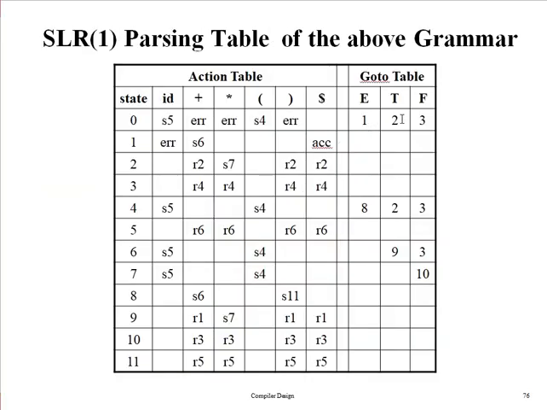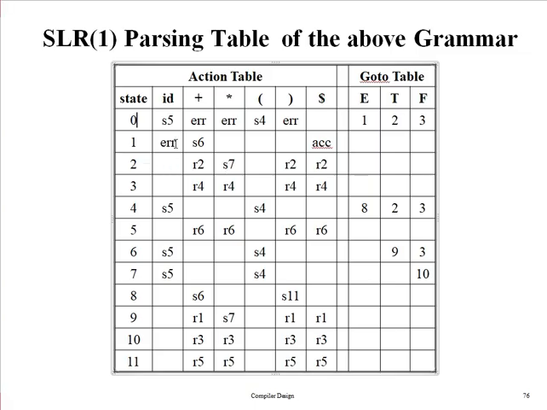For I2 we consider only 2. For I3 we consider only 3. So I1, I2 and I3 are generated from I0 by applying the goto operation on I0 with E, T, and F.